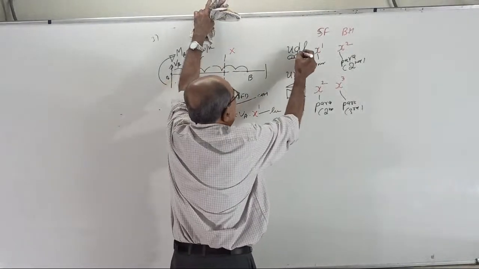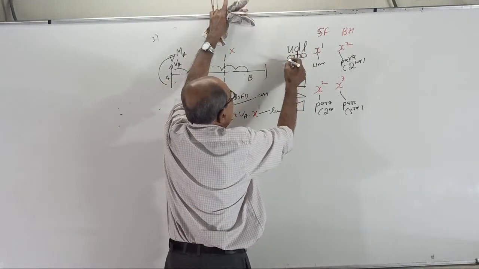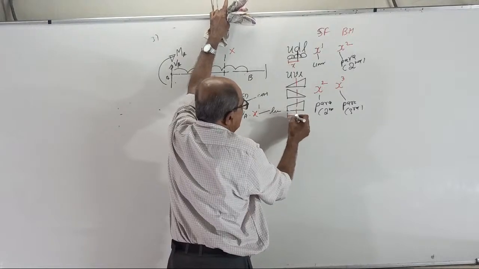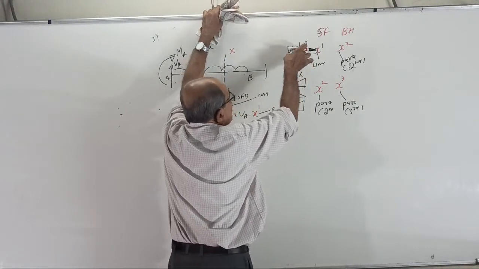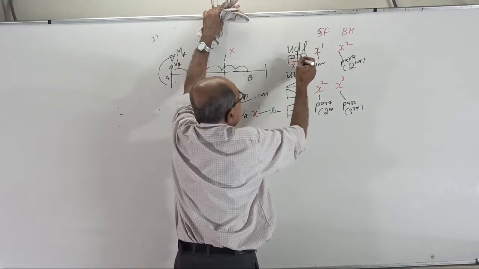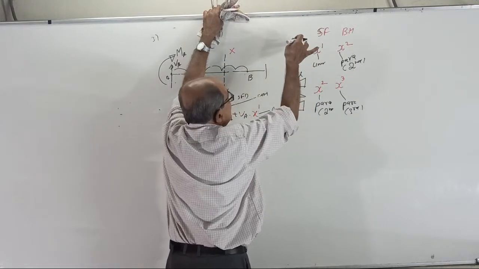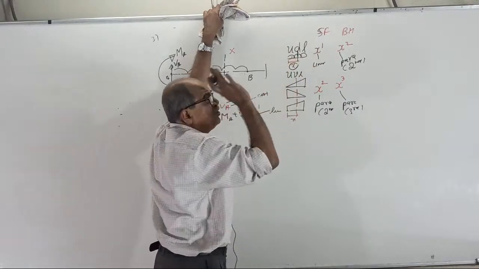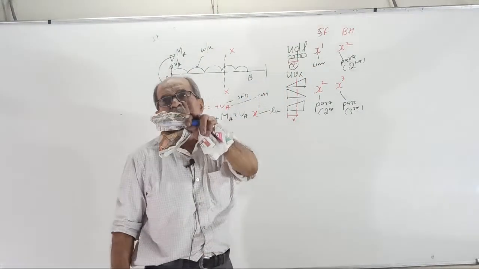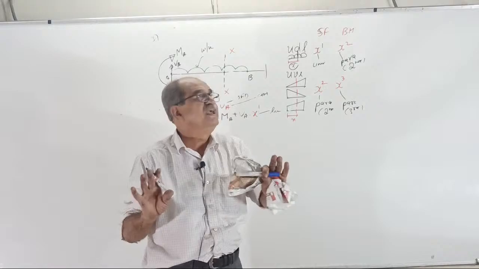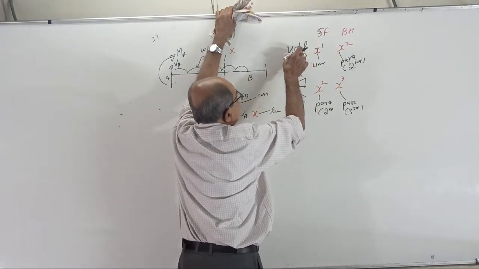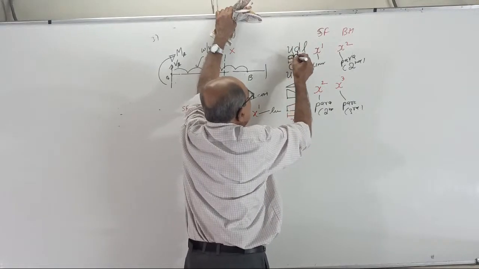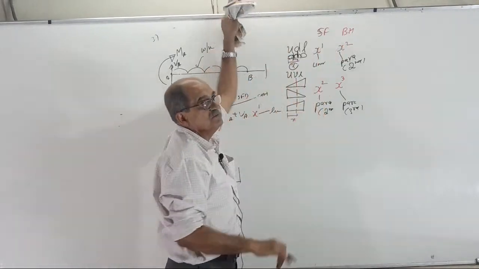When you write the equation for shear force, at x from here, the intensity of load is constant. So we want the total load, which will be only in terms of x. Intensity into x will give the total load. So x will come only once. Therefore linear. When you do bending moment, intensity of load into x is the total load, into x by 2. Oh, x squared will come.